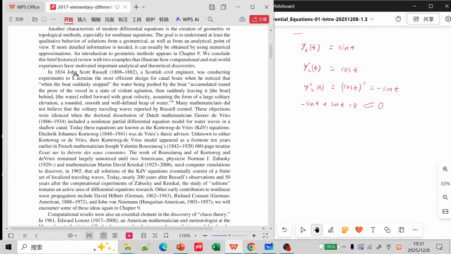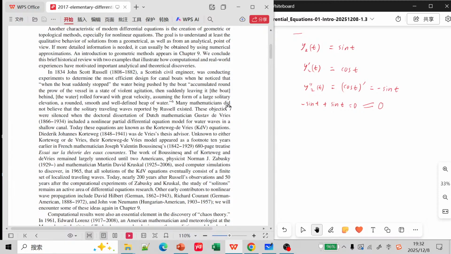In 1834, John Scott Russell (1808 to 1882), a Scottish civil engineer, was conducting experiments to determine the most efficient design for canal boats when he noticed that when the boat suddenly stopped, the water being pushed by the boat accumulated round the prow of the vessel in a state of violent agitation, then suddenly leaving it, rolled forward with great velocity, assuming the form of a large solitary elevation, a smooth and well-defined heap of water.